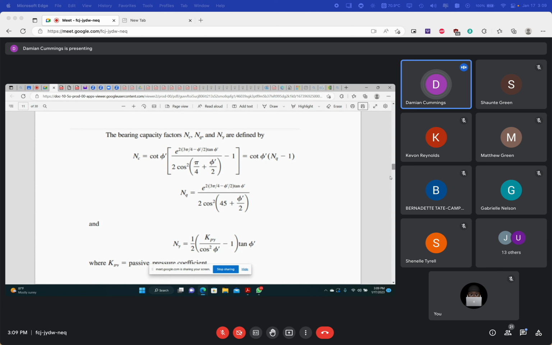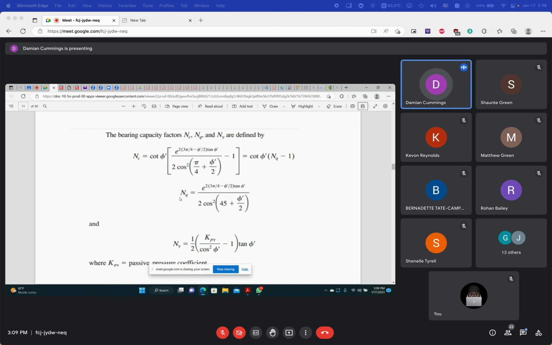So we have Nc is equal to the cot of our phi angle, which is the internal angle of friction for the soil, times Nq minus 1.